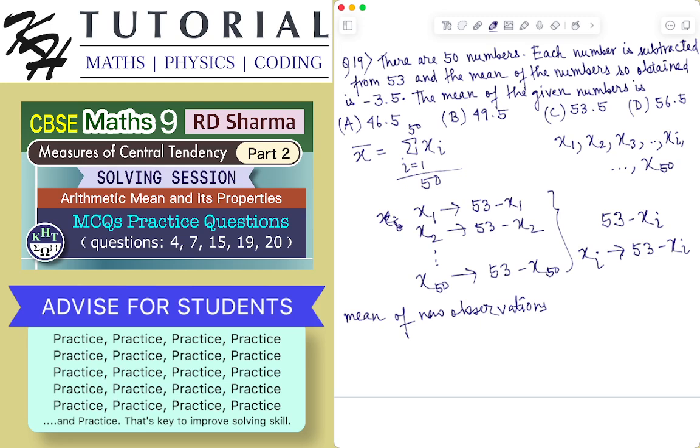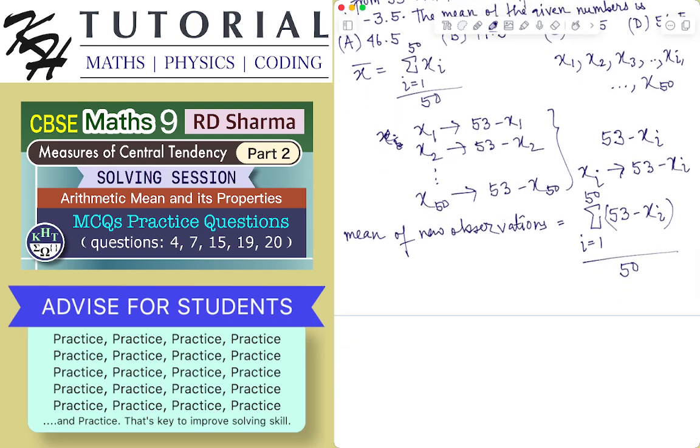is equal to the summation of 53 minus xi, where i is 1 to 50, and the whole is divided by 50, since there are 50 observations. We have to find this.